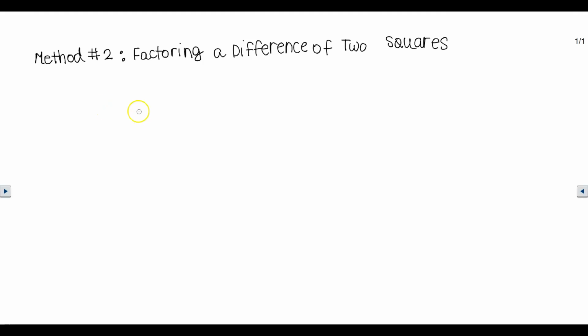Okay, now the first thing that we need to make sure that you can do is that you can recognize when something is a difference of two squares.